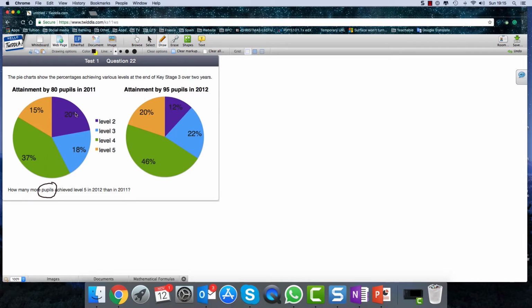In 2011 we've got 15% of 80 pupils achieved level 5. That is the 2011 figure, and the 2012 figure is 20% of 95 pupils. So where did I get those numbers from?